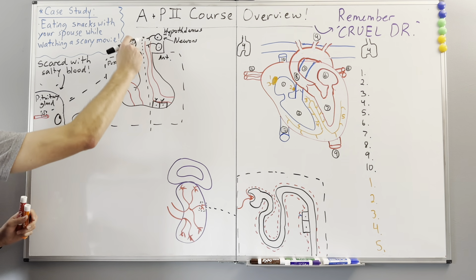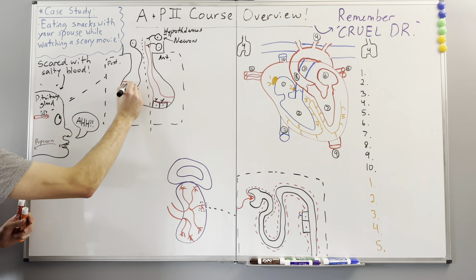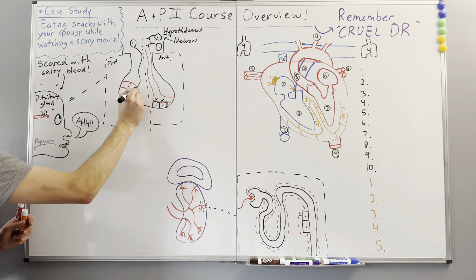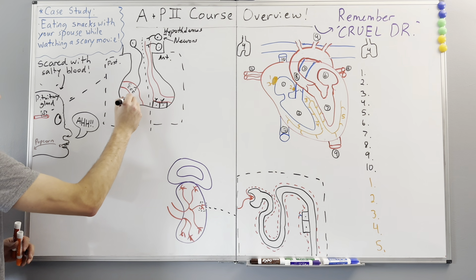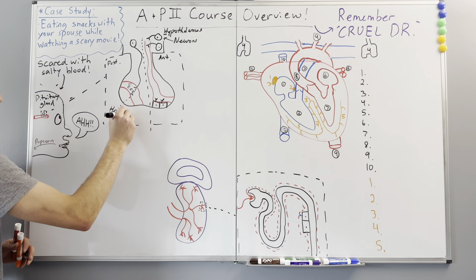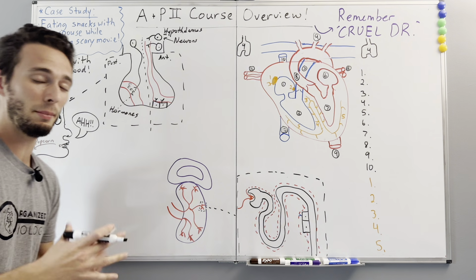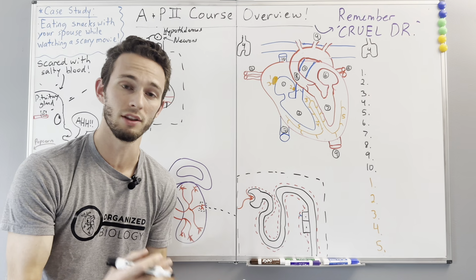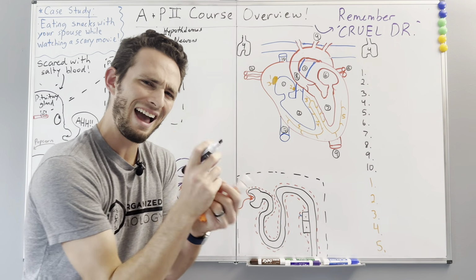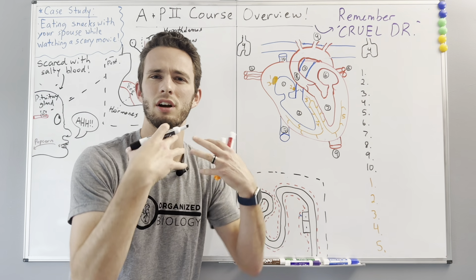Now, when this neuron gets stimulated, it will release those chemical messengers, and these are going to be the hormones, okay? Now, hormones, simply put, are chemical messengers that travel in the blood, therefore they go everywhere, and they're going to act on cells to change their function.